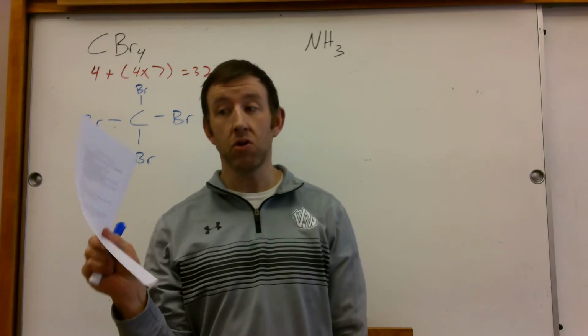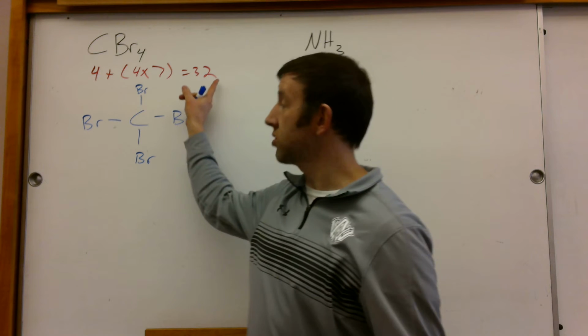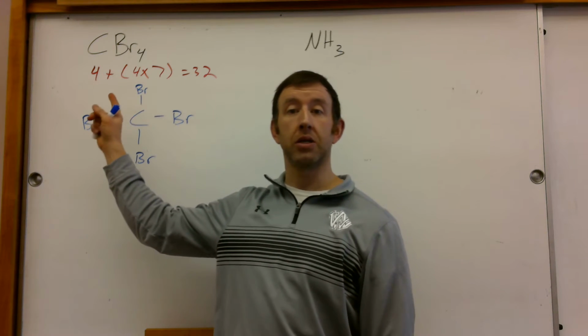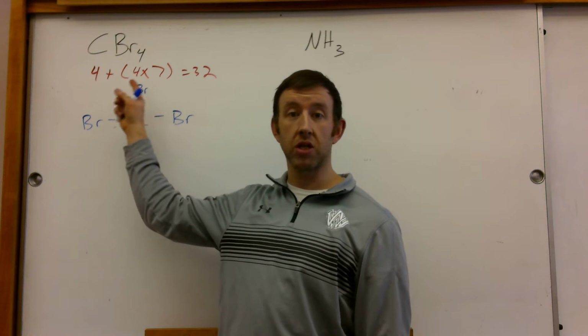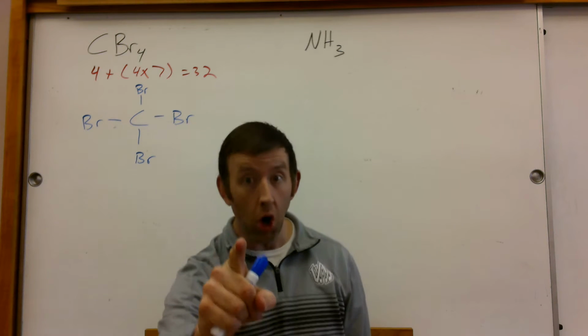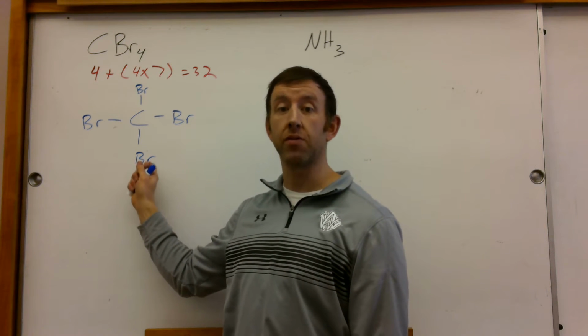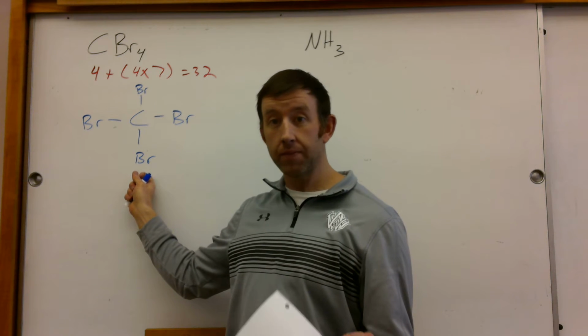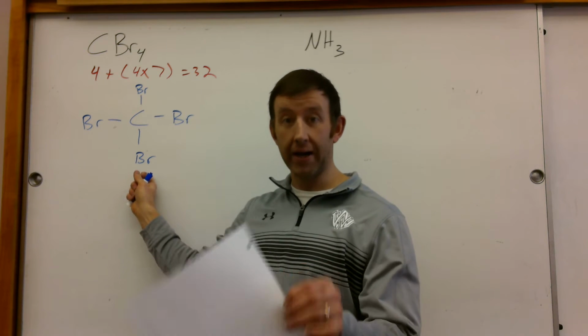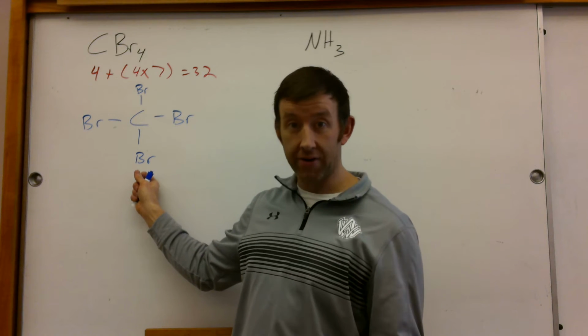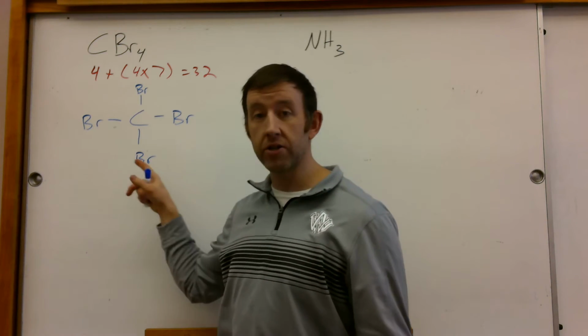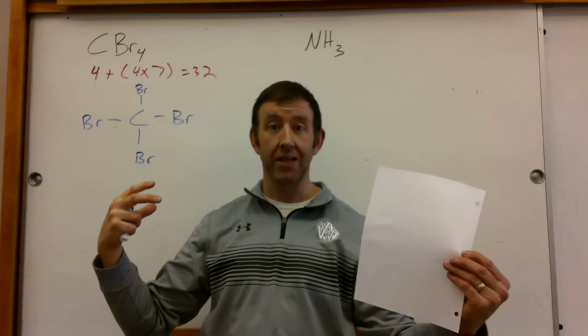The next thing I'm going to do is look at my total number of valence electrons, which is 32, and try to put all 32 electrons in. I'm always going to start by putting electrons on the outer elements first. The only exception is I never put extra dots on hydrogen. None of these are hydrogen, so they can all get some extra dots.